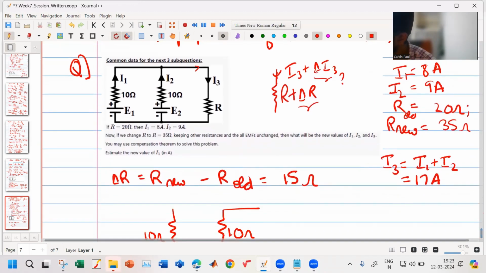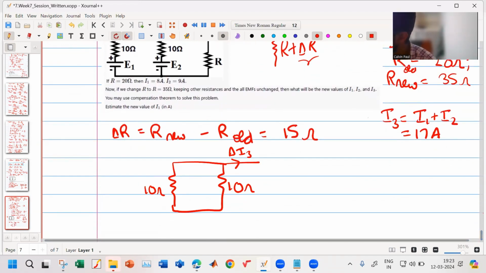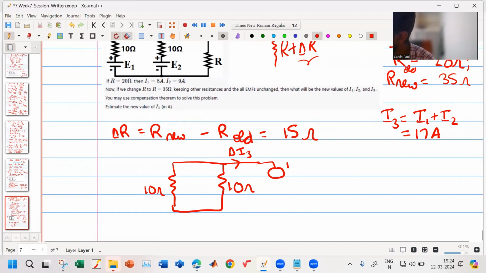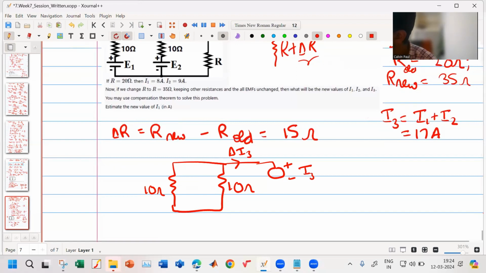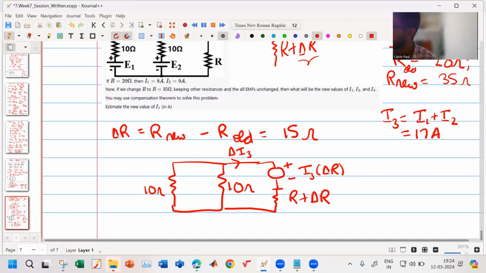This is your delta I3, right? This is equal to I into delta Z. So this is equal to I3 into delta R, and this will be equal to your R plus delta R. This is your network. So we will further solve it.